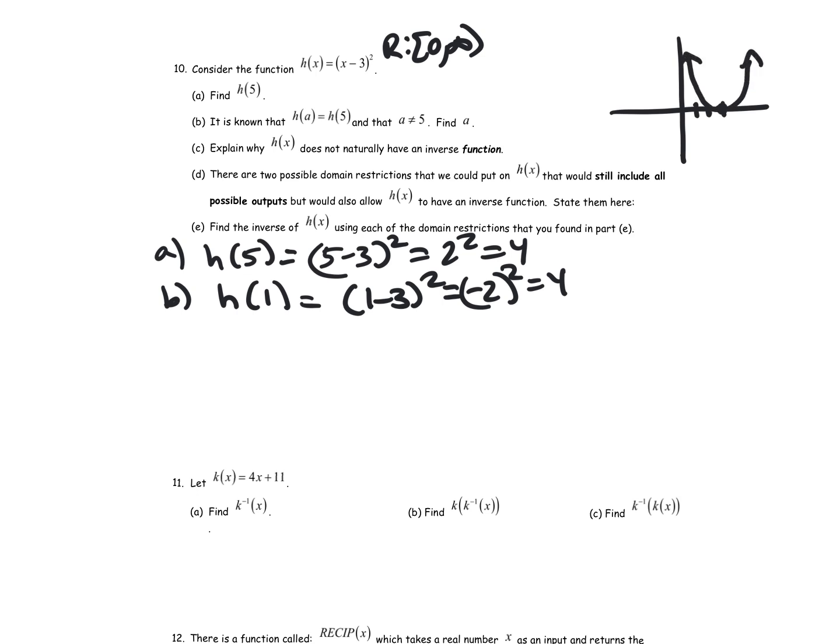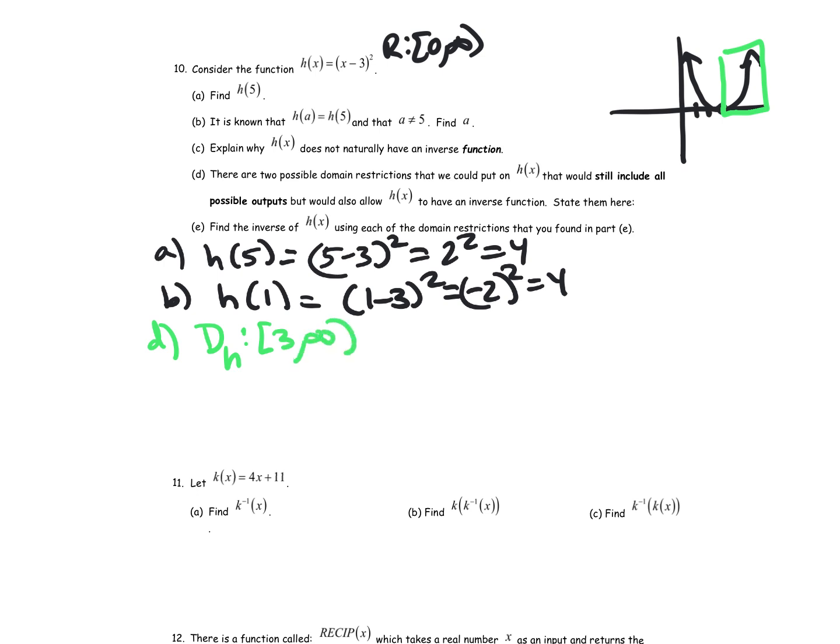There are two ways for me to restrict this so I still include all y values 0 to infinity. One way is to restrict it to greater than or equal to 3. So for the domain of h, I could say let's restrict it to 3 to infinity.